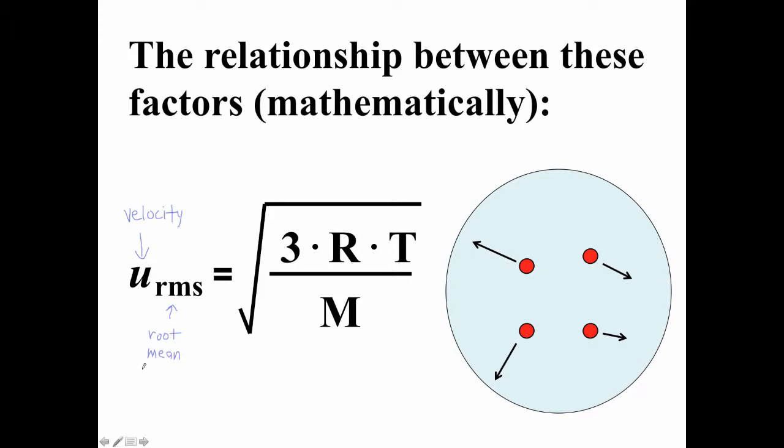It's called the RMS speed, and that is an average where the average is done by taking the root mean square average. So we square the speeds and then average them and square root. So it's just a slightly different way of doing an average than you may normally be used to.